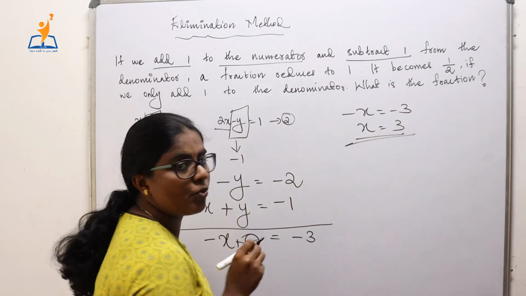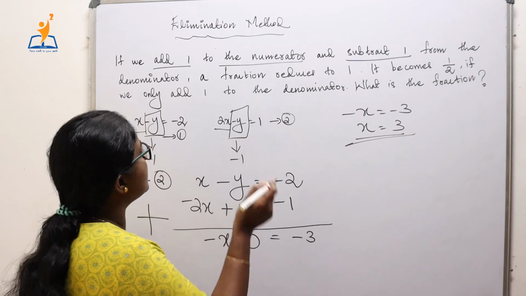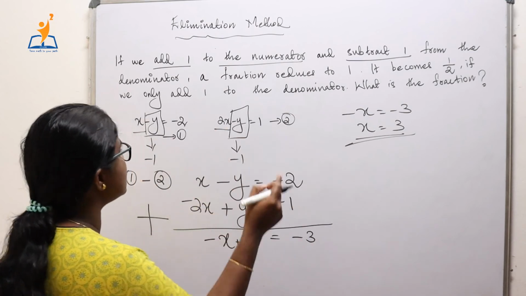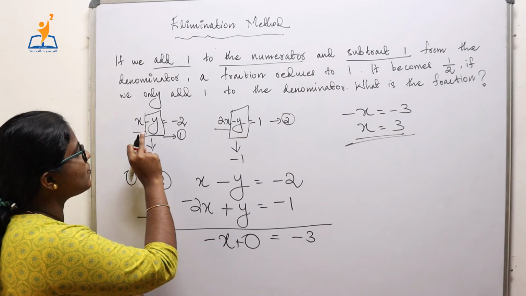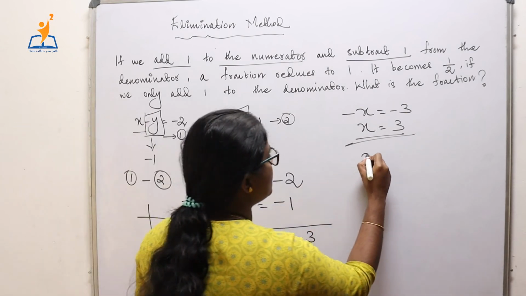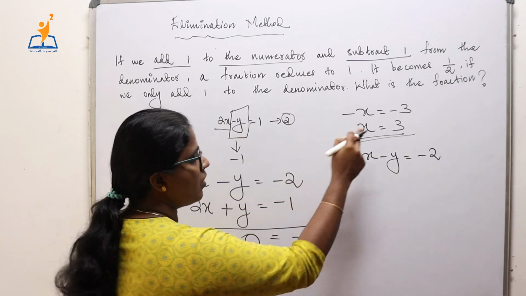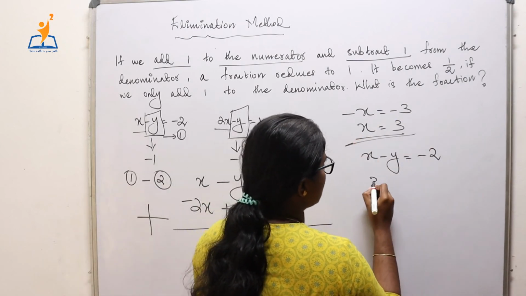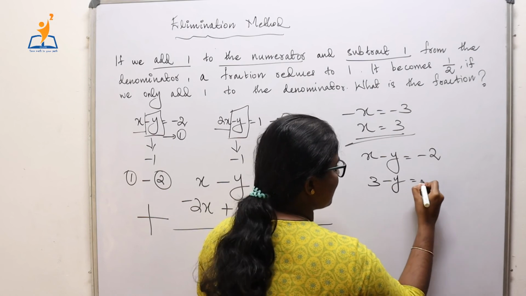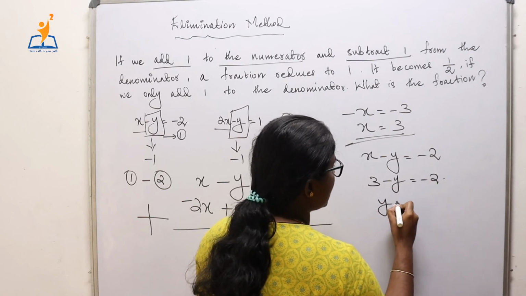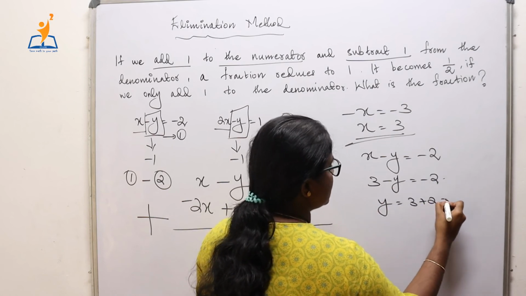So we got the numerator as 3. Now what about the denominator? That is, solve for y. We have x minus y equal to minus 2 from our equation number 1. Now we can substitute x is equal to 3 here, that is 3 minus y equals minus 2, which means y is equal to 3 plus 2, that is 5.